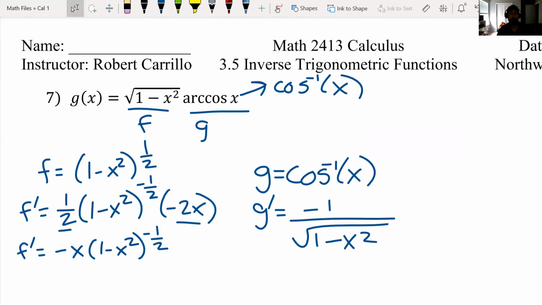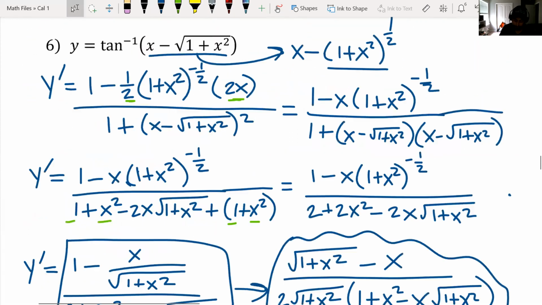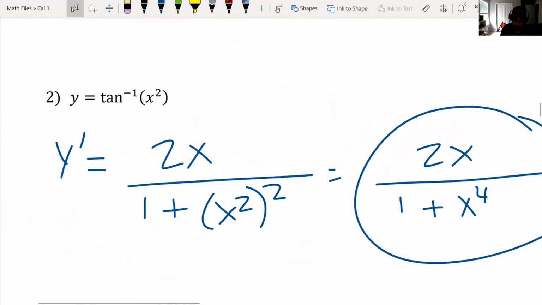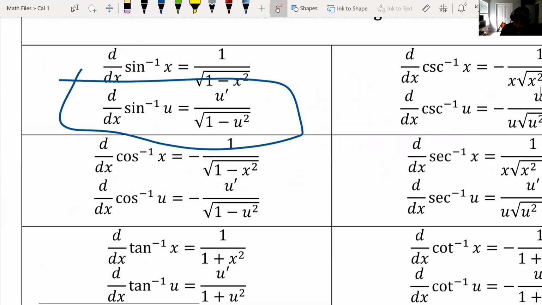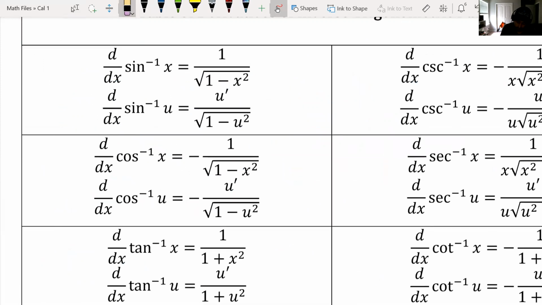Let me just verify that derivative. Yes, that's the one we're using right there. Negative 1 over the square root of 1 minus x squared.